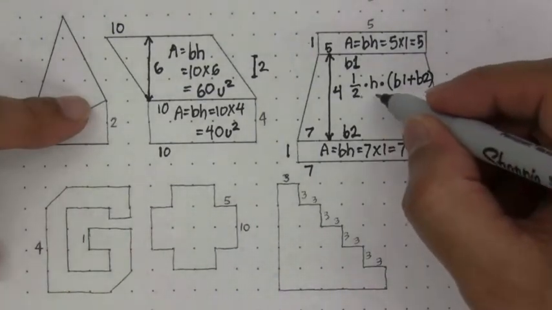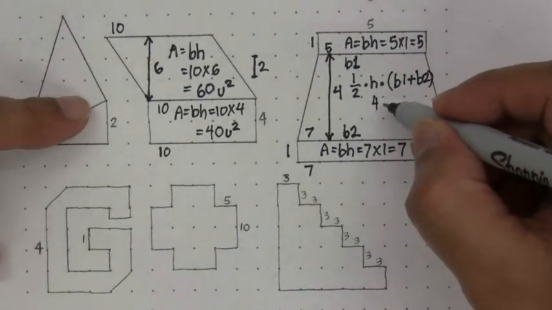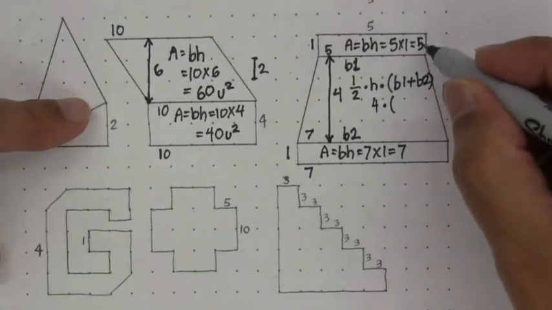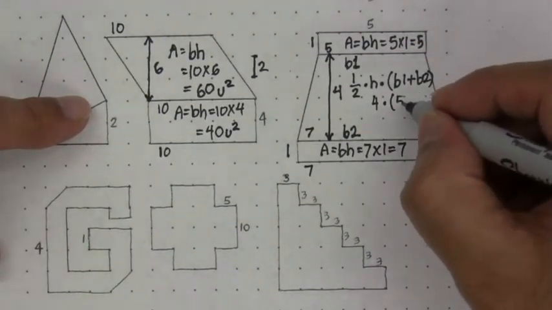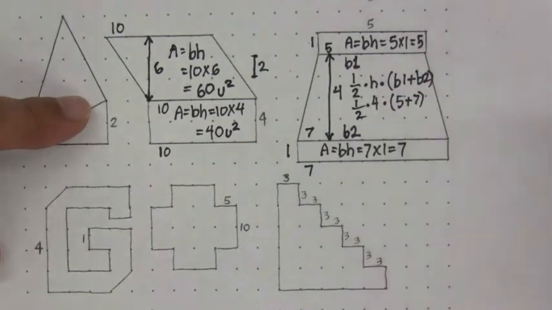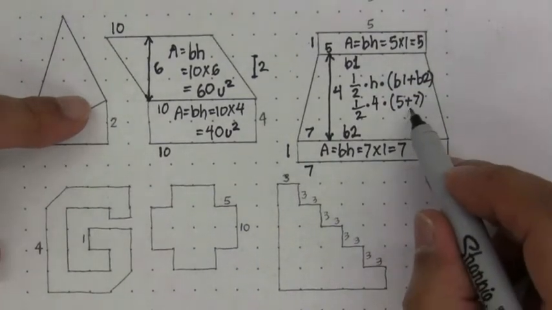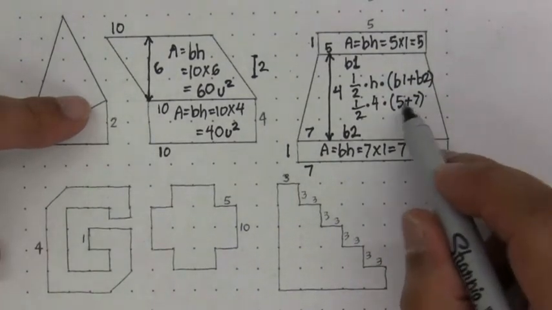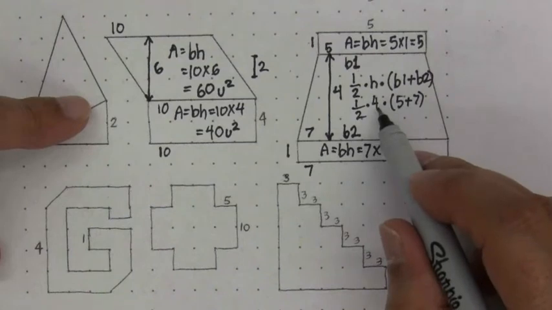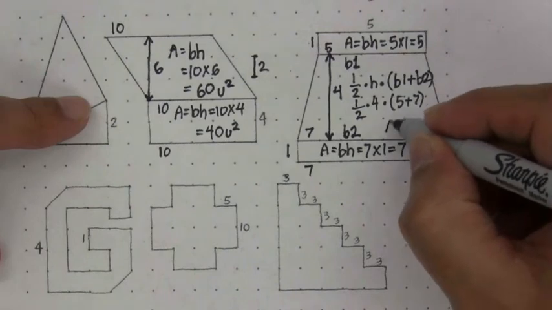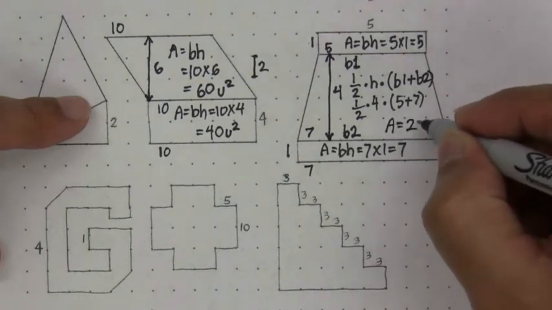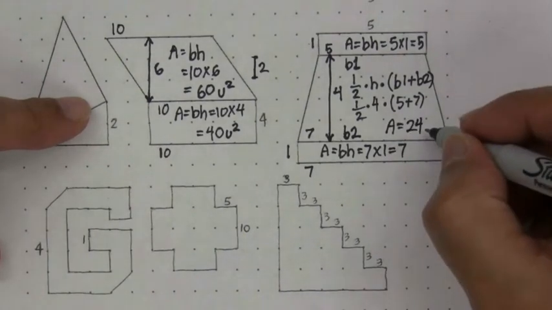That's the same as the height, 4, times 5 plus 7, and that would be half of that. So 5 plus 7 is 12. 12 times 4 is 48. Half of 48 is 24 units squared.